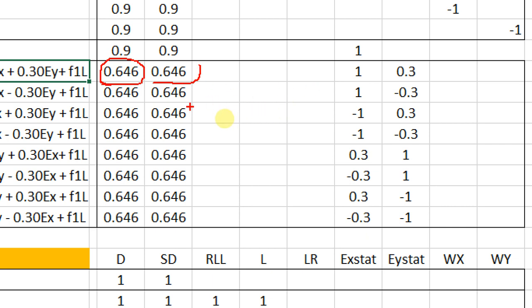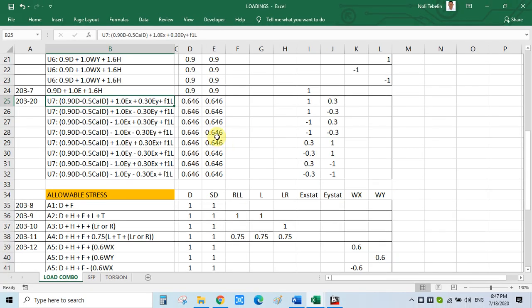Then, yung earthquake along X is 100% and yung along Y is 30%.